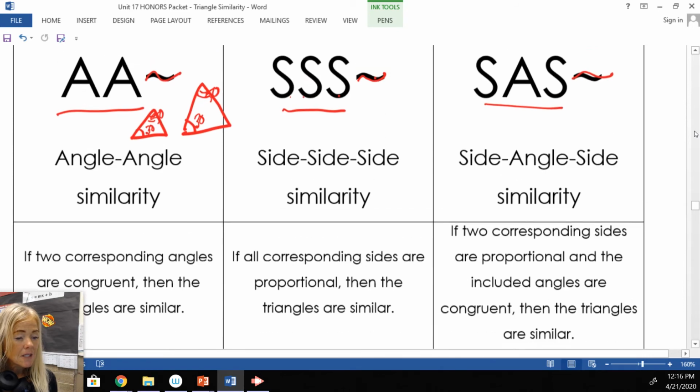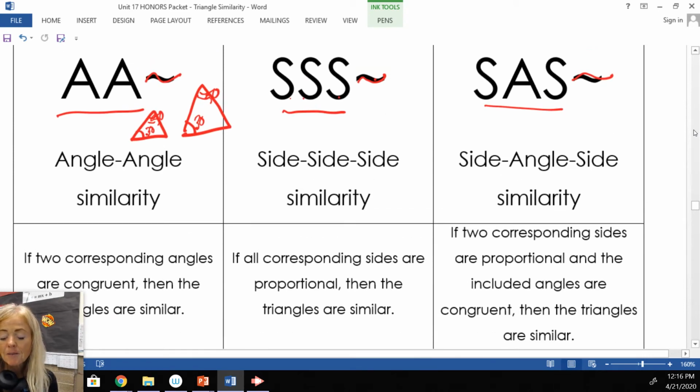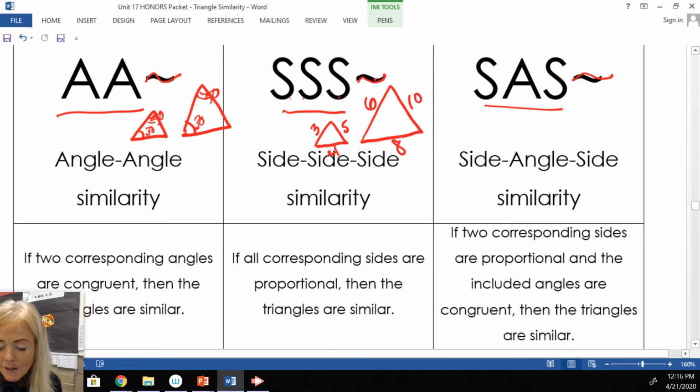All right, side similarity. Side similarity says that if I have my 2 similar triangles, and I know that my sides are proportional, that means I have 3/6 equals 5/10 equals 4/8, which in all 3 cases it does.